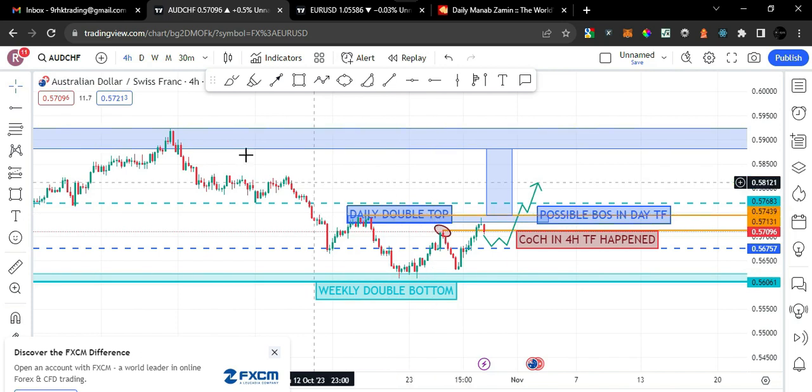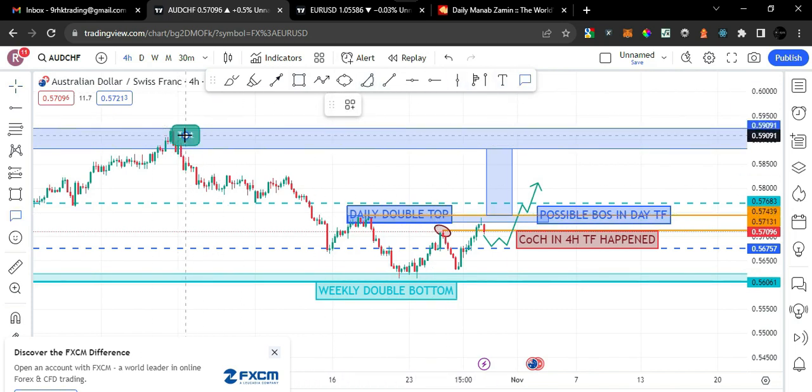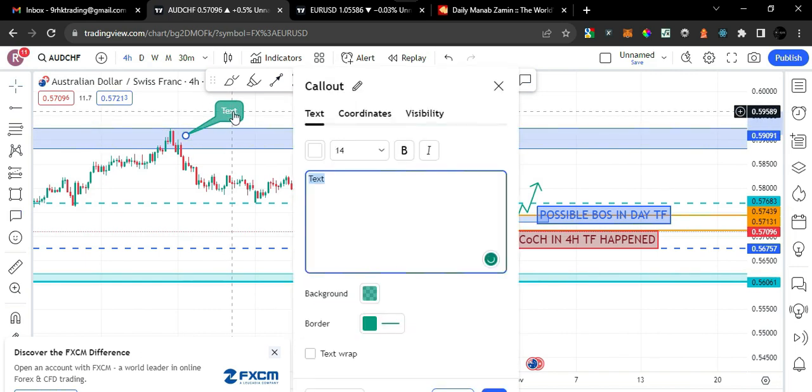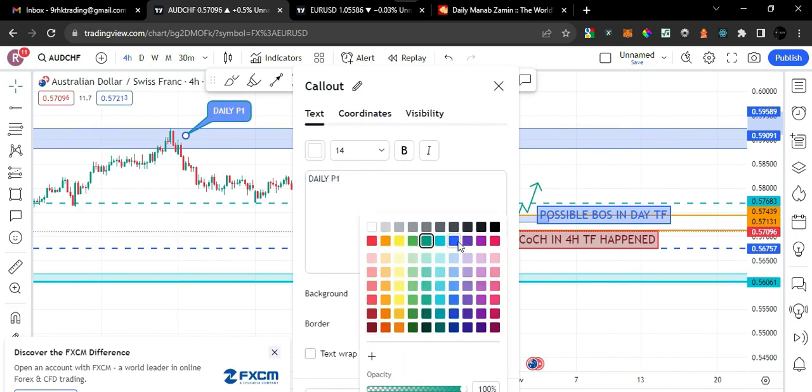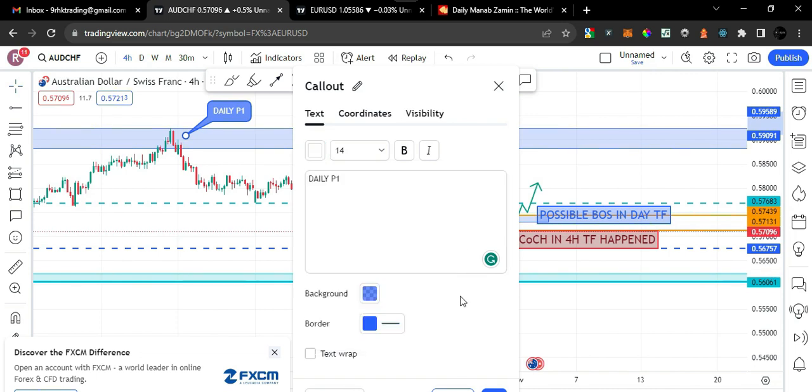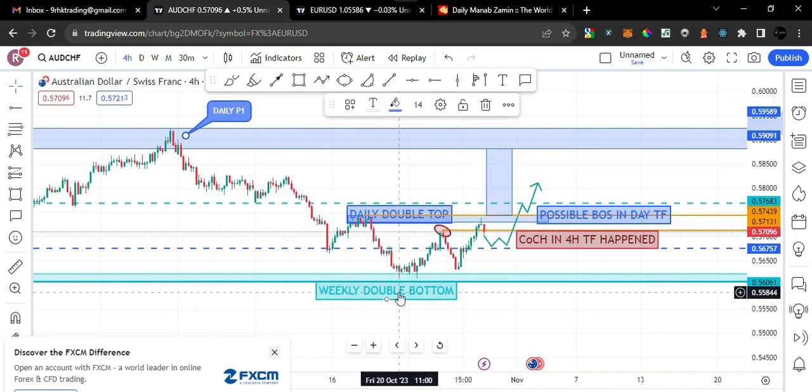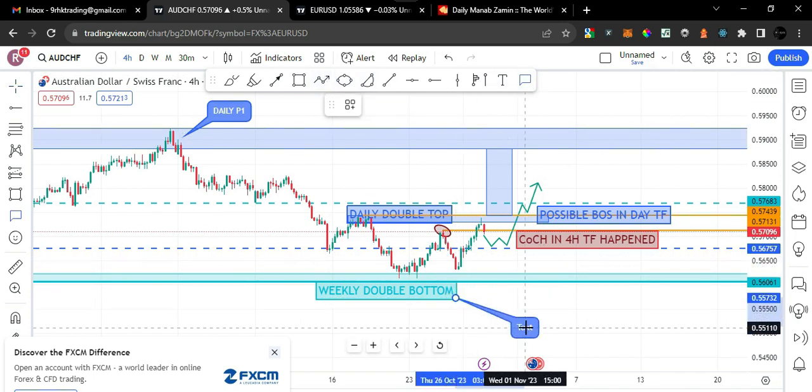So if we consider this as pattern 1, I think that will be better for you guys to reflect properly. Daily P1 here. Let me use the call out so you can see clearly.